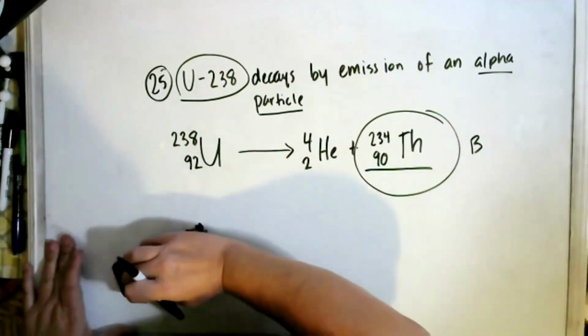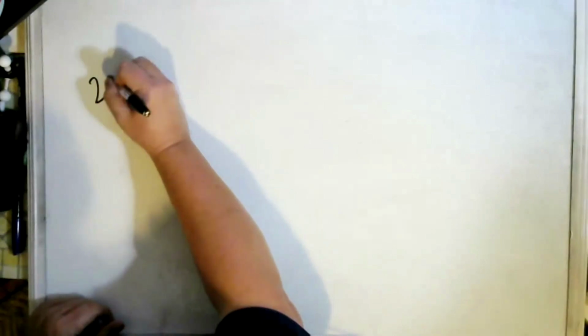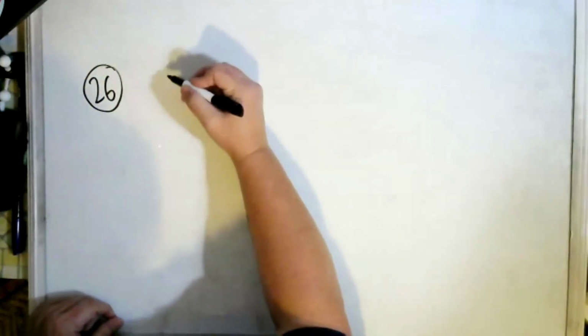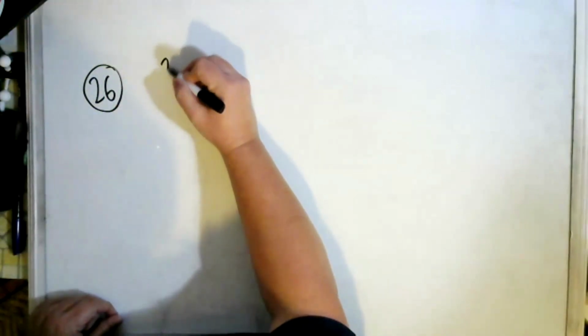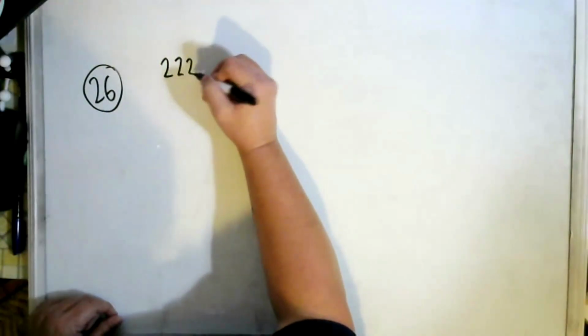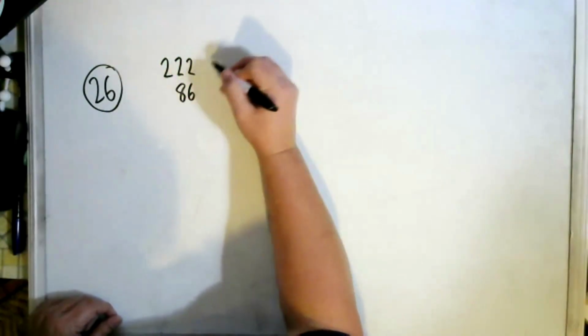All right. The next question is another type of decay question, but the way that they're asking it is just a little bit different. Here they're telling you that you're starting with radon-222.